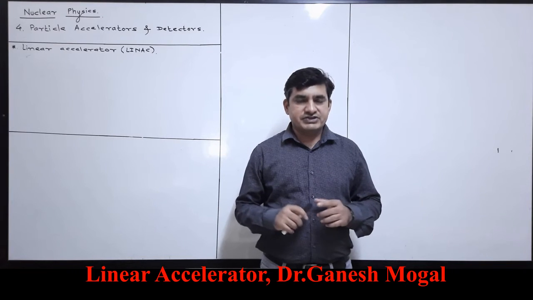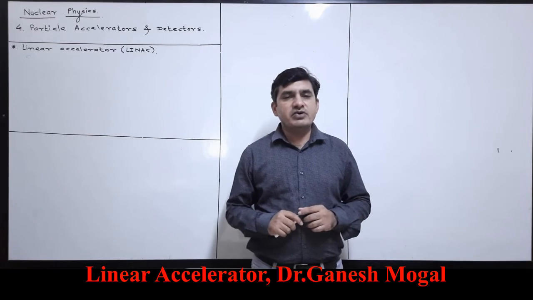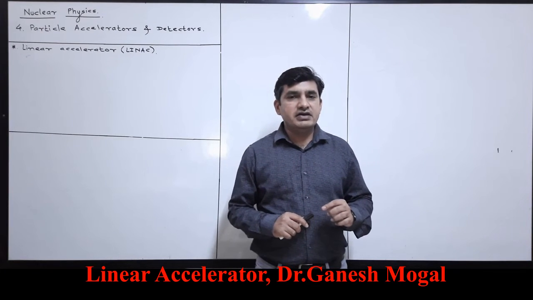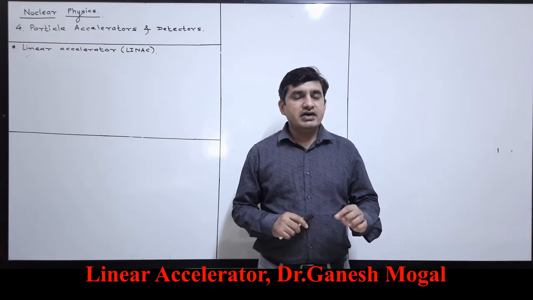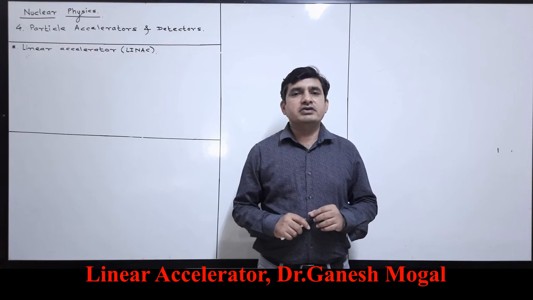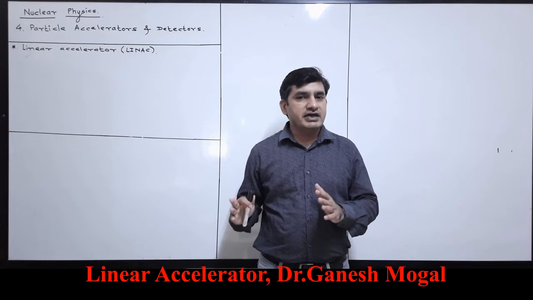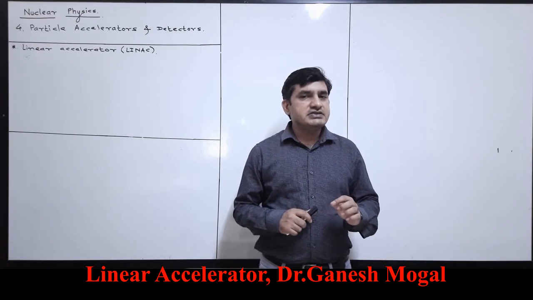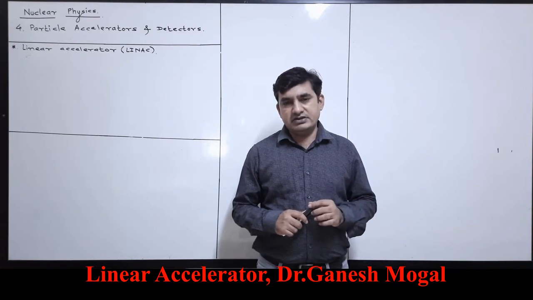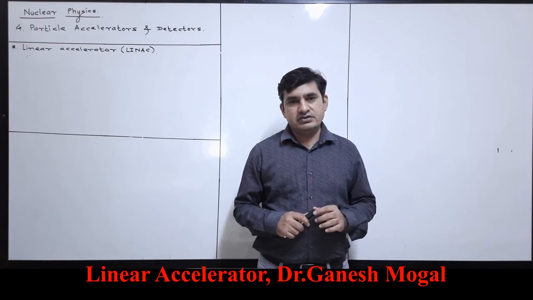From nuclear physics, we are discussing the particle accelerator and detector. We know that there are different types of particle accelerator, such as the linear accelerator, that is a LINAC.